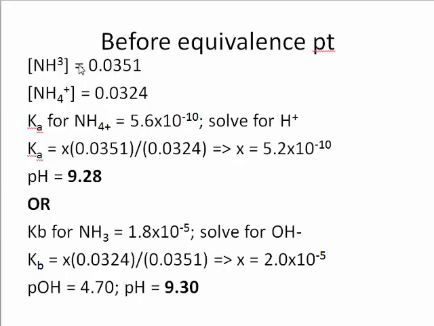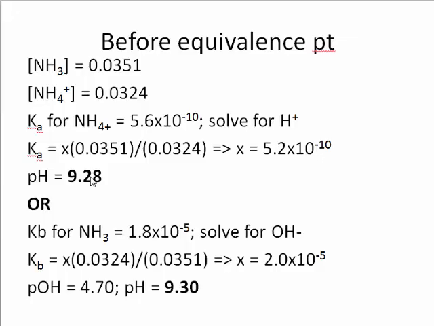Concentration of ammonia then is 0.0351, ammonium is 0.0324. We can take the Ka of ammonium, which we've already determined, and solve for H+. This gives X is 5.2 times 10 to the negative 10, which is the H+ concentration and a pH of 9.28.